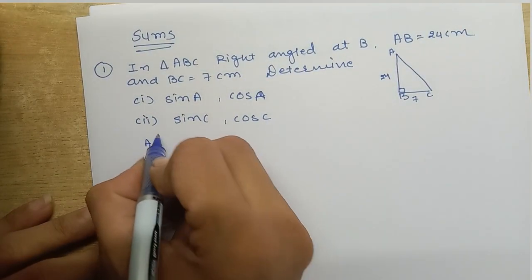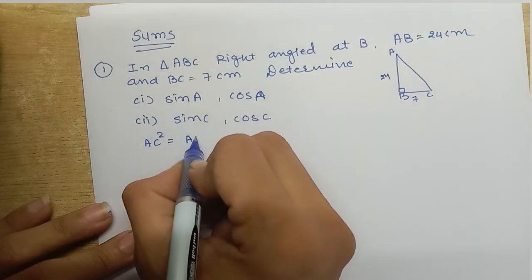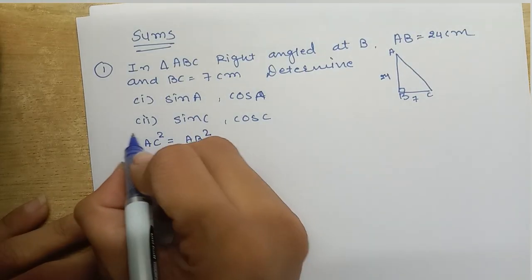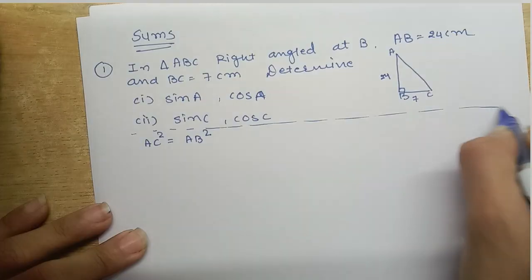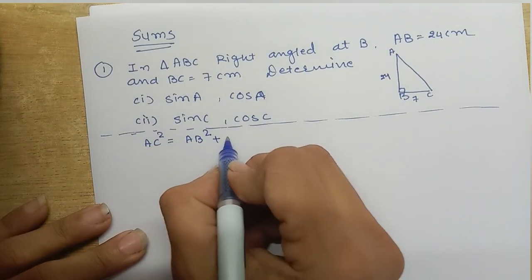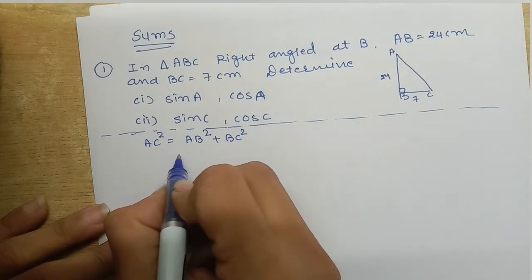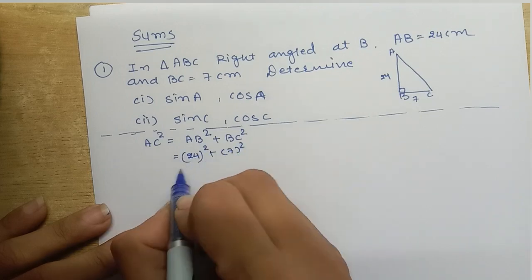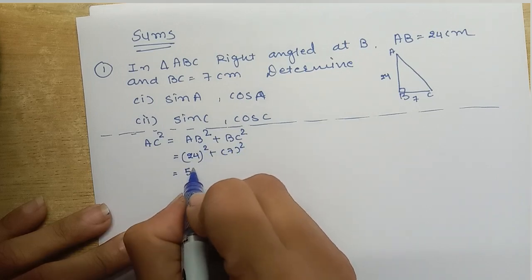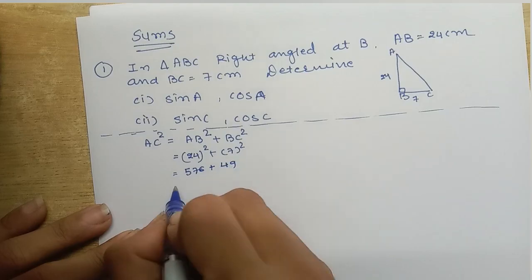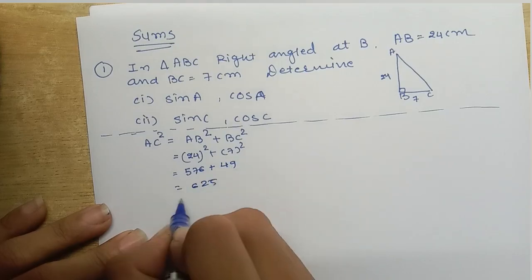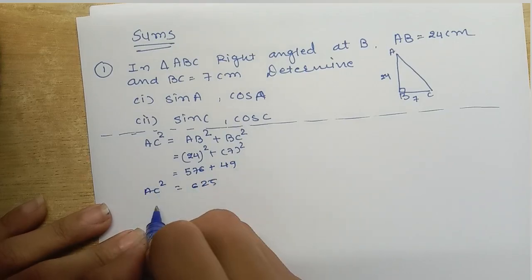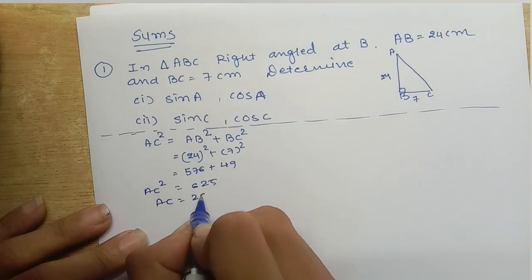So we all know that AC square is equal to AB square plus BC square. So here 24 square plus 7 square. 24 square is 576 plus 49, which will give us 625.